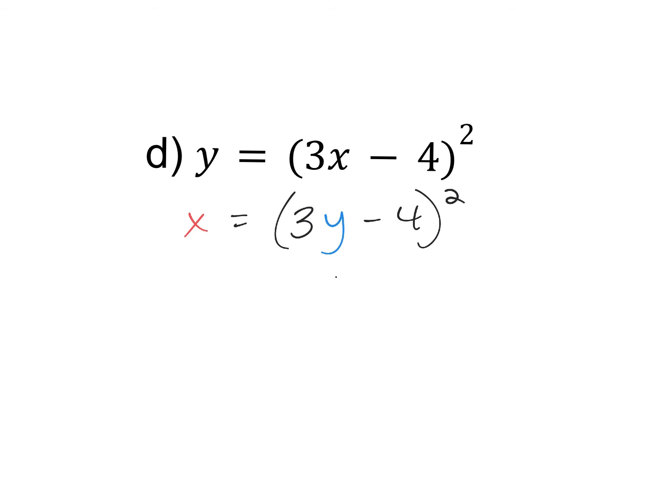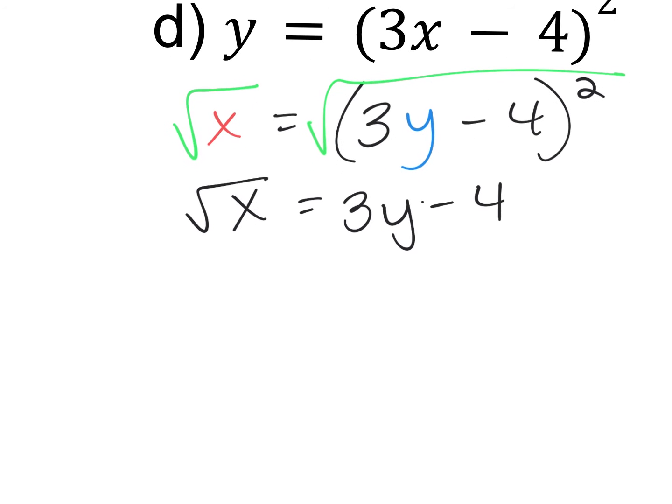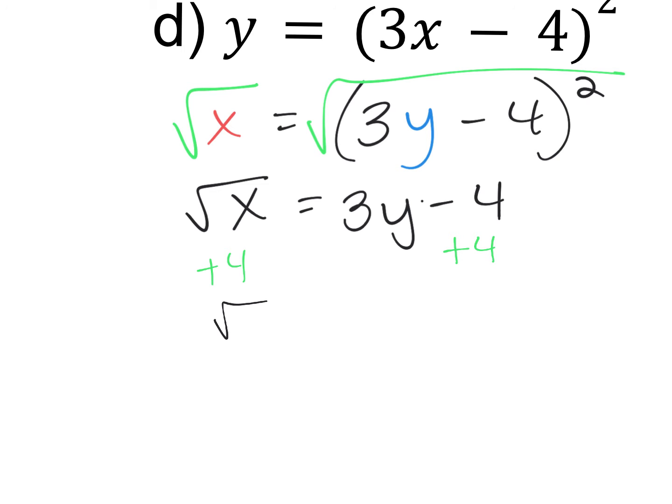So I'm going to square root both sides because that would cause it to go away. So now I'm left with 3y minus 4 equals square root of x. Okay, so now what would I do to get the y by itself? I would need to add 4 to both sides. So now I have square root of x plus 4 equals 3y.